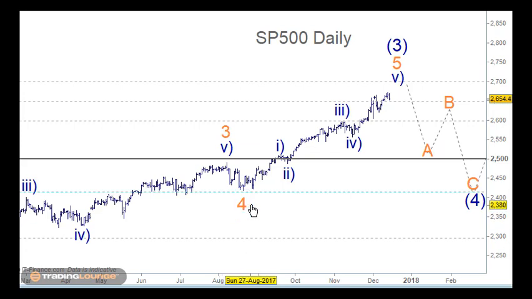We're looking at minute degree structure next. So from minor degree 4 to 5, we're looking at minute degree of 1 and 2 and 3 and 4, and then moving up into wave 5. So between wave 4 and wave 5, we're also looking for 5 waves of the next smaller degree as well.